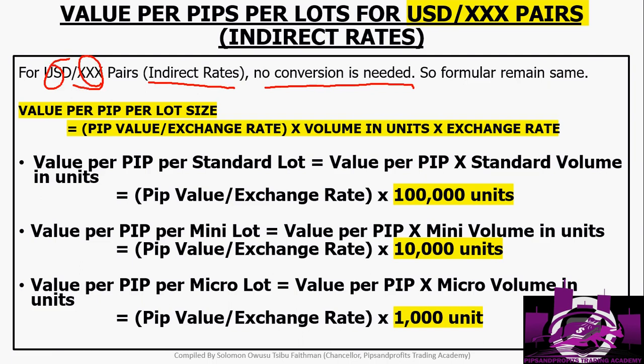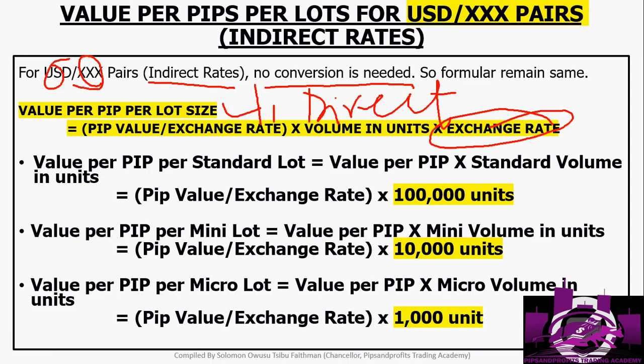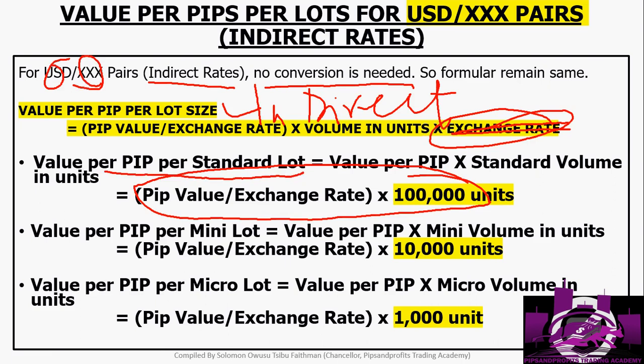So at this particular point, previously we said that your value per pip per lot size, if it is direct, then we are going to add the exchange rate again. But if it is indirect, then the exchange rate will be gone. So when we do that, these are the formulas that we are going to have. For value per pip per standard lot, this is going to be the formula. And for mini lots, this is the formula. For micro lots, this is the formula.